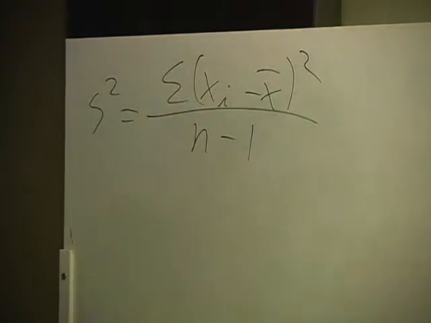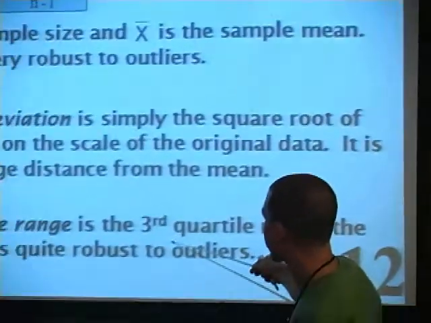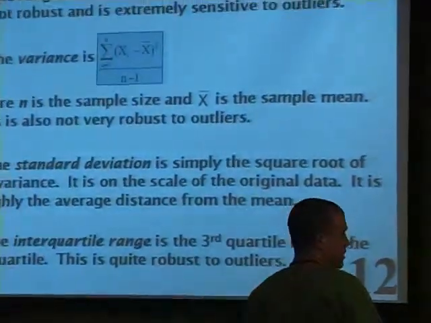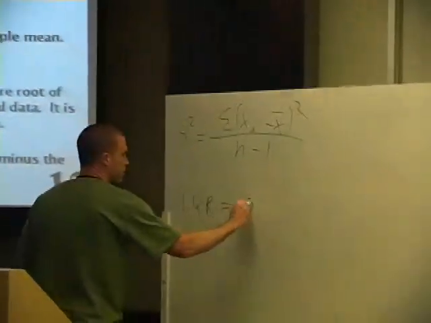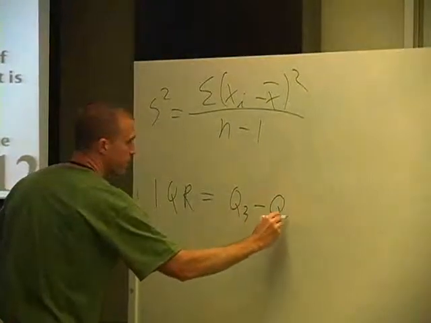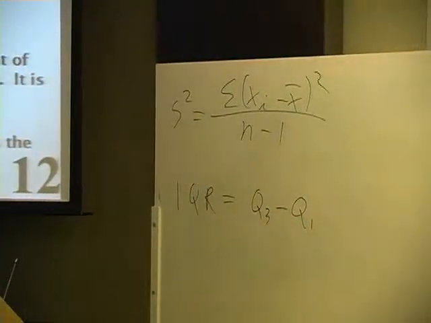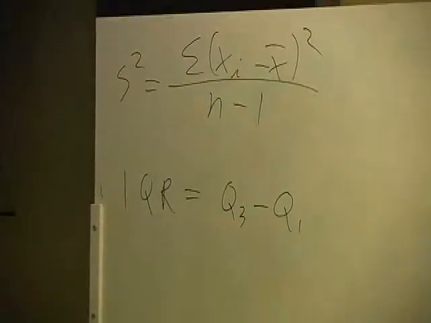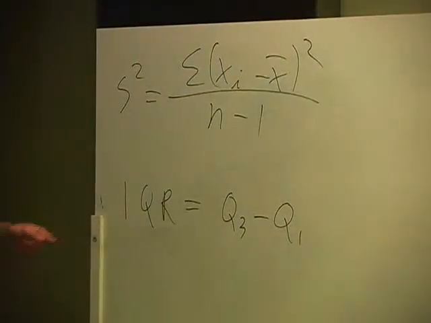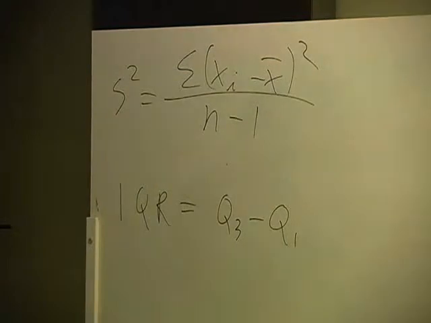One real simple thing people will use is what's called the interquartile range, or IQR, which is just the third quartile minus the first quartile. And this is a nice, robust measure of spread because you can add something to the top 25% or the bottom 25%, and it won't matter. 50% of your data could be corrupt, and as long as the middle 50% is right, that's what this is computing.